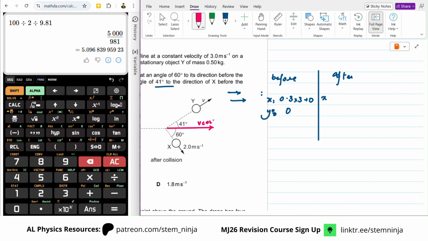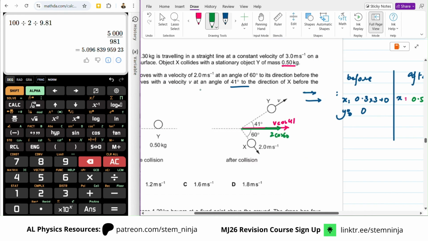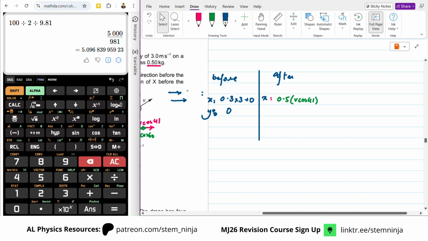V cos 41 times mass of Y, 0.5. So 0.5 kg times v cos 41. And as you can see, X is also moving in this direction. So this is 2 cos 60, and the mass of X is 0.3.